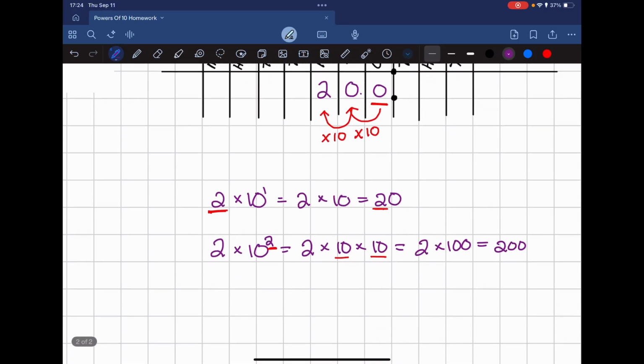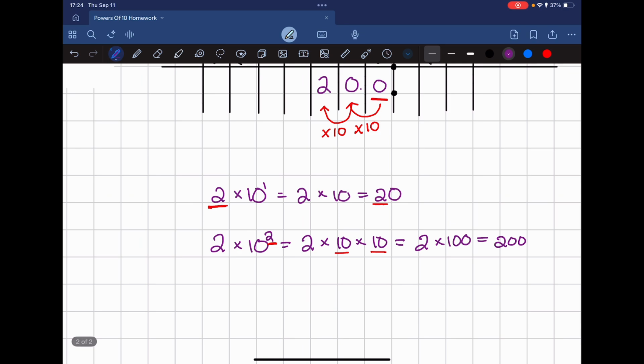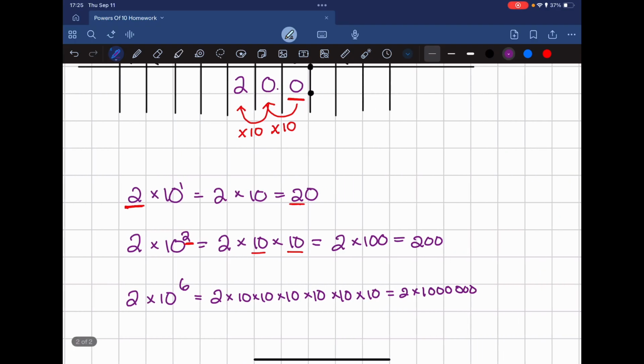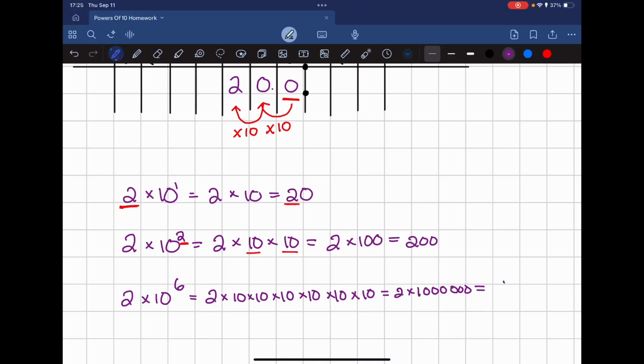Okay? And we can take it a step further, of course. And let's do 2 times 10 to the 6th power. That's equal to 2 times 10 times 10 times 10 times 10 times 10 times 10, which is equal to 2 times 1 million, which is equal to 2 million.